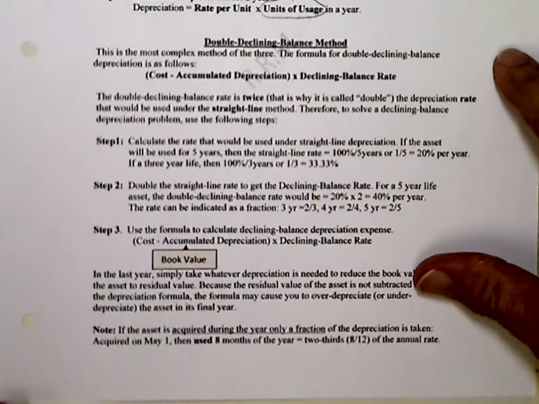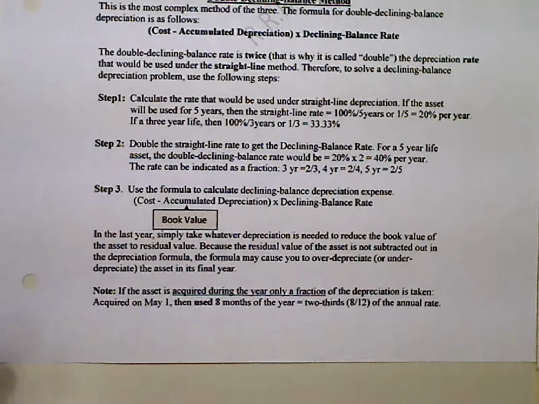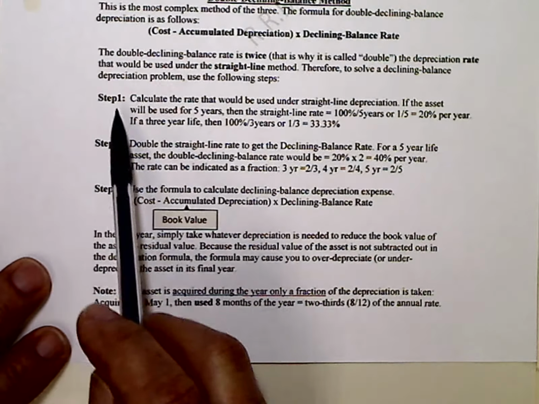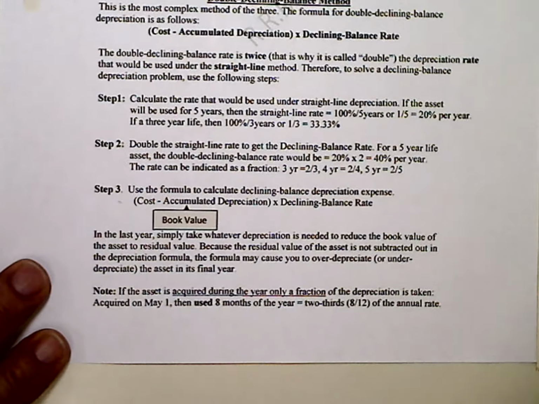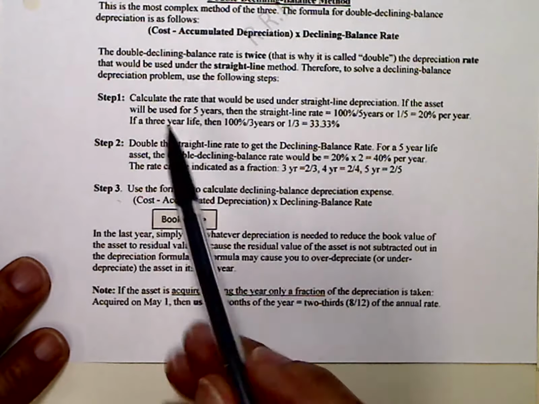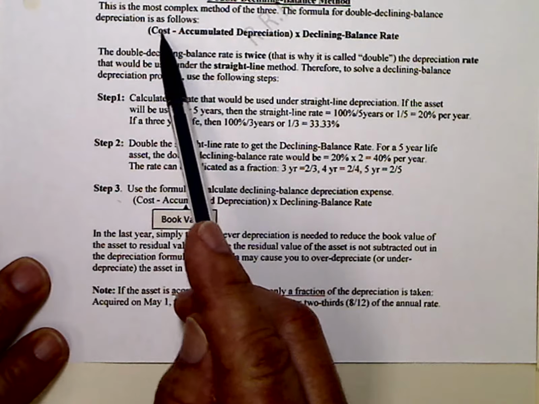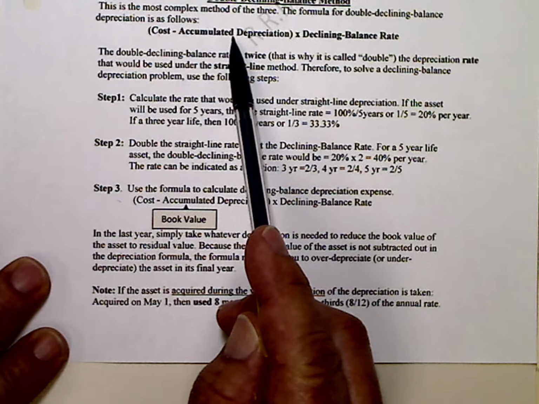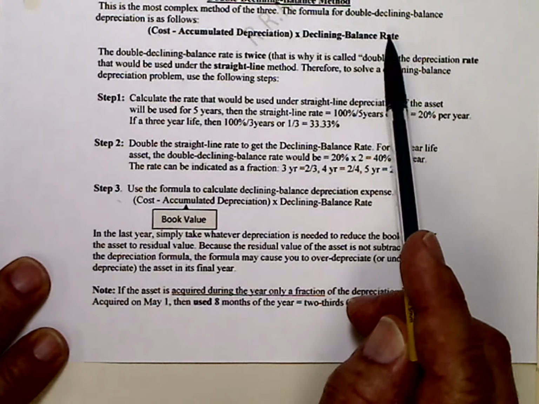The double declining balance method, the least favorite. And you can see why. There are multiple steps to this, and some of them are rather tricky. The overall equation every year is cost minus accumulated depreciation times a declining balance rate.